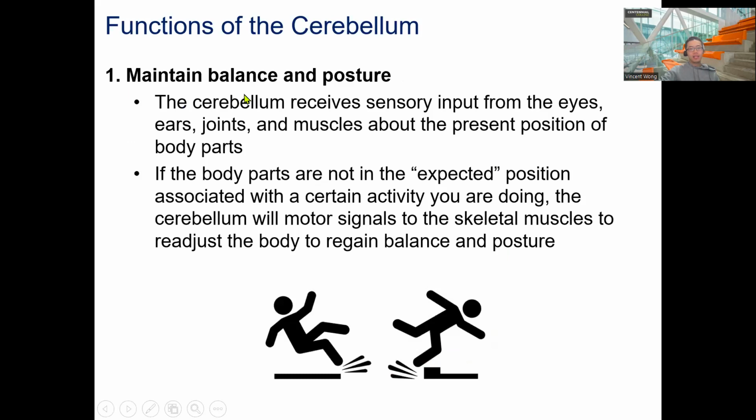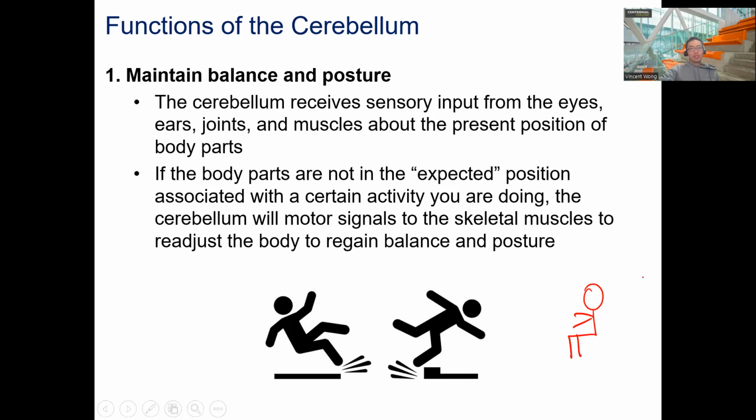Well, the first one is to maintain balance and posture, equilibrium. I already told you that. It receives sensory input from the eyes, the ears, and the joints and muscles about the present position of body parts. Your cerebellum has a reference picture of what your body should look like when you are doing certain things. Assuming you are all sitting at home right now watching me talk about this, your cerebellum is like, the person is sitting, and sitting should look like this.